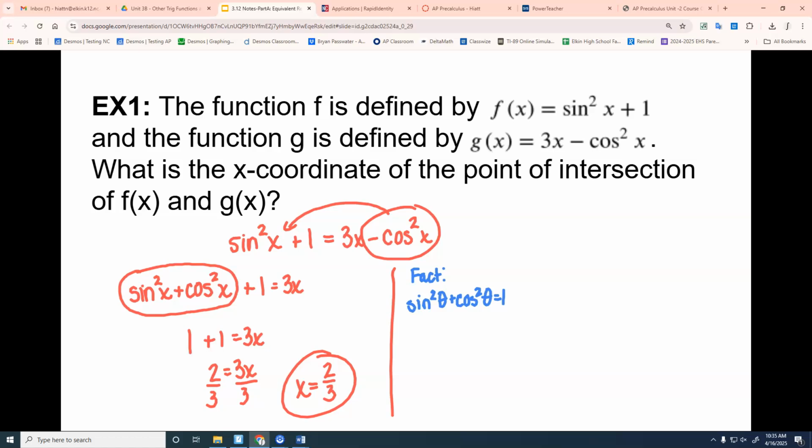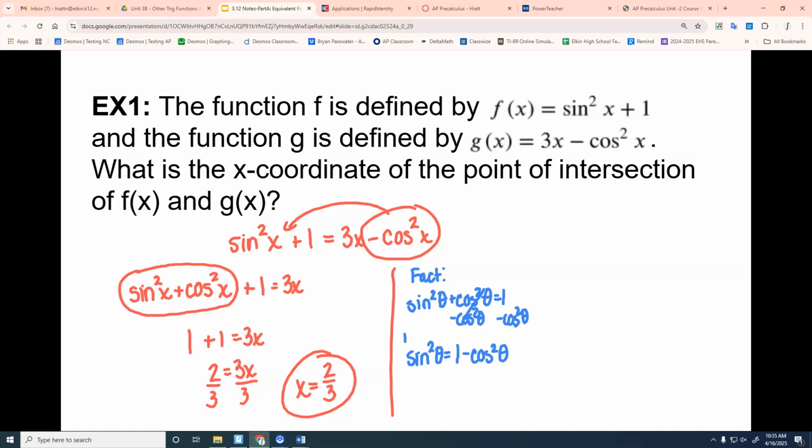I can rearrange this formula any way that I want, and it's still true, right? So if I were to subtract cosine squared theta from both sides, then sine squared theta would equal 1 minus cosine squared theta, right?